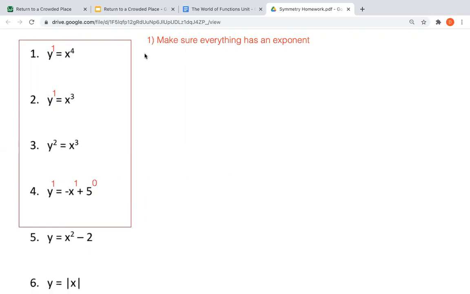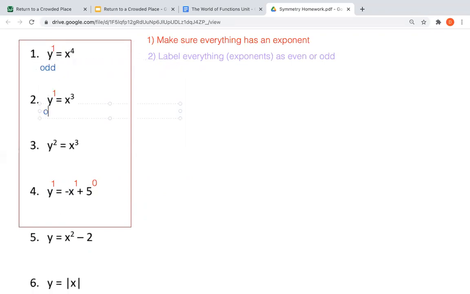After I do that, I'm going to label everything exponents as even or odd. So I'm going to put an E under everything that's even and an O under everything that is odd. So ones are odd. So actually I can just write that out.